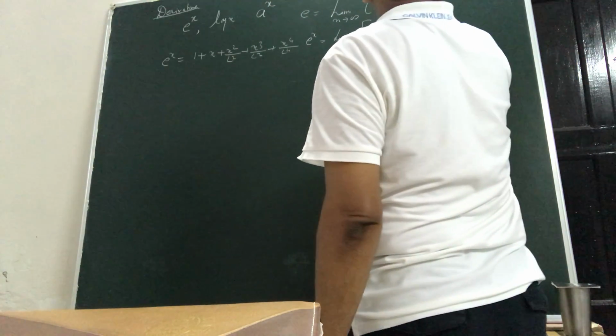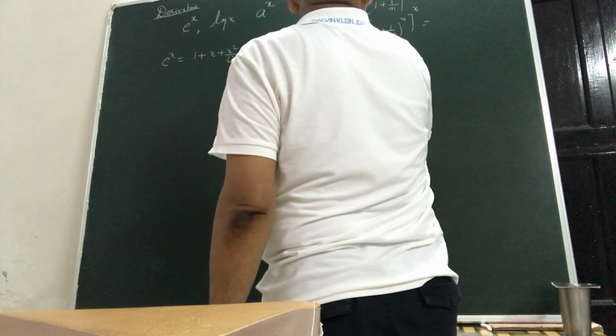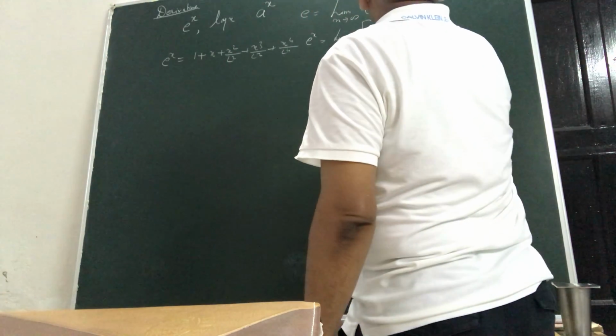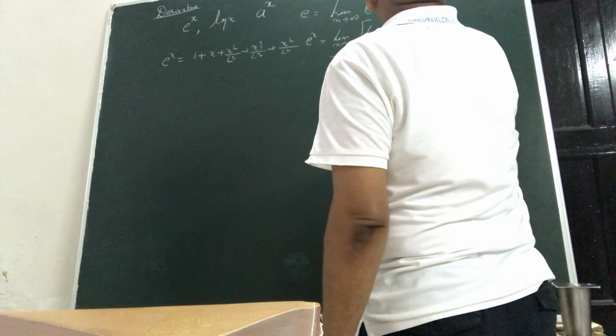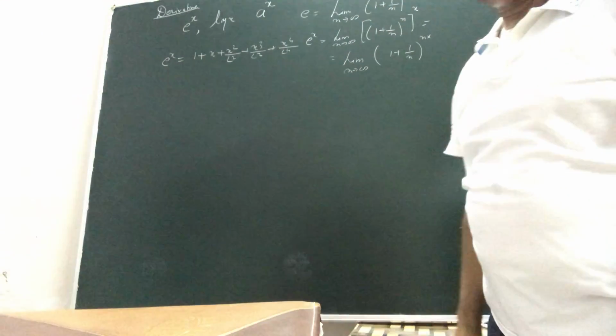We would prefer writing it as limit n tending to infinity of 1 plus x by n raised to power n, and then we expand it, and we see that we get this expansion.